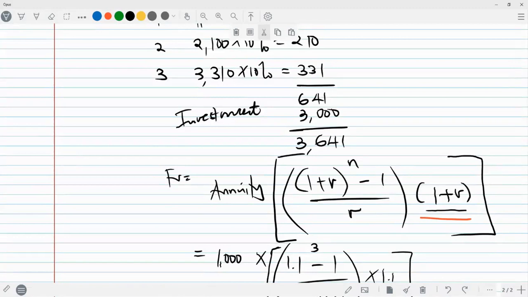But if the cash flows are occurring at the beginning of the year, then we need to adjust, because you'll be having a cash flow that earns interest. That's why we need to add the 1 plus R.